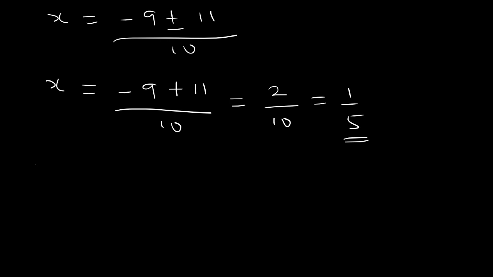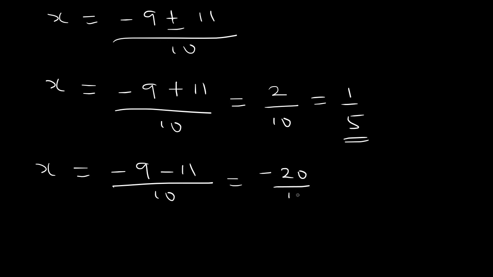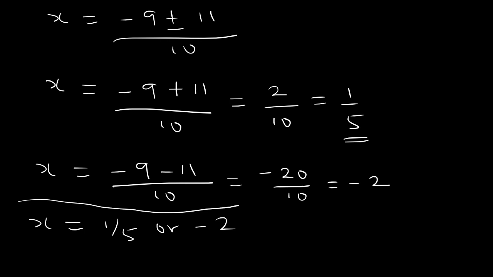Now the second case, x will be equal to minus 9. We'll take the negative sign and omit the positive. So that will be minus 9 minus 11 over 10. And that will give us minus 20 over 10. And that is equal to minus 2. So the roots of this equation say that x is equal to 1 over 5 or minus 2. So this is our answer.